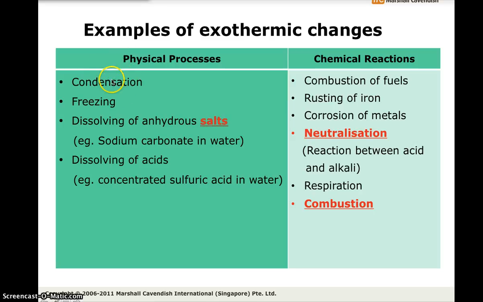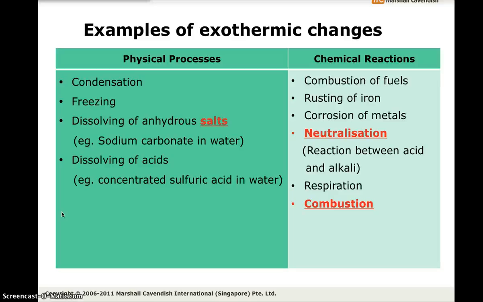Freezing as well: a lot of heat energy is released when water freezes to form ice. Dissolving of anhydrous salt. You still remember anhydrous? Anhydrous means there is no water of crystallization. Last but not least, dissolving of acids. When you dissolve concentrated sulfuric acid in water, you also release a lot of heat energy, and therefore the temperature of the surrounding rises.